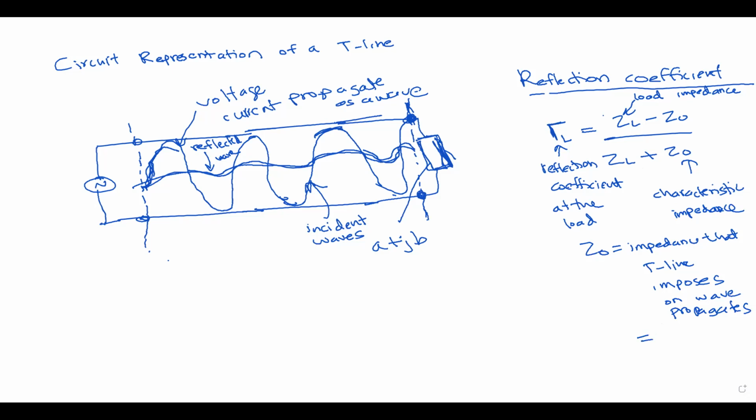Z naught is normally a standard value, but we can also find it using the ratio between V naught plus and I naught plus.